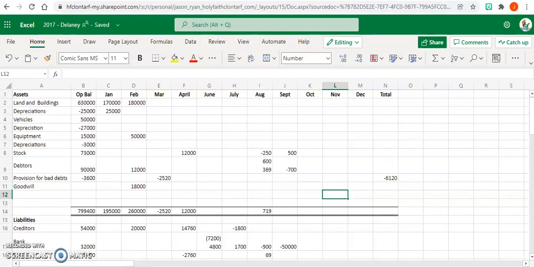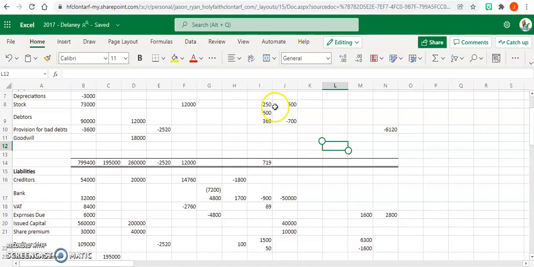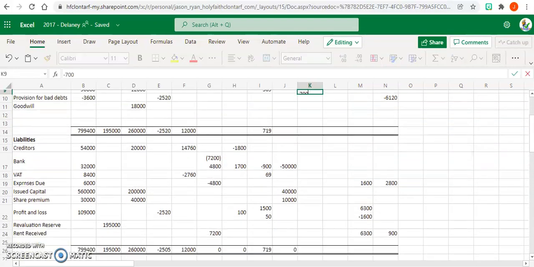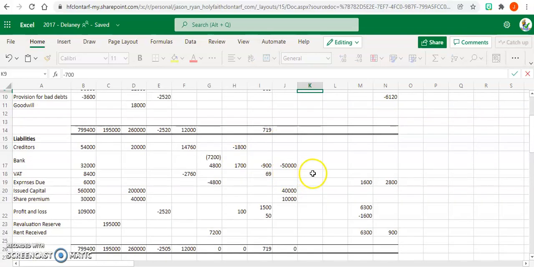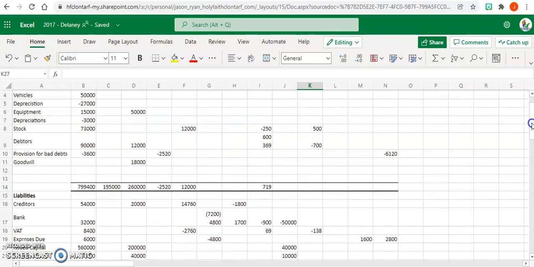So our VAT then is going to go down. So make sure you put these in the correct column as well. So our VAT is going to go down by 138. Then we also said our profit and loss is going to go down by 62. So you got minus 200 for our assets. And we'll have minus 200 then for our liabilities.